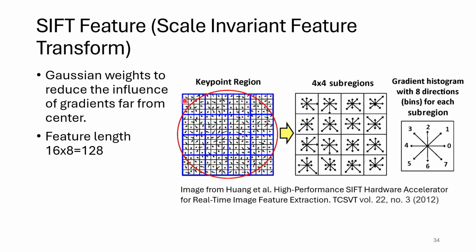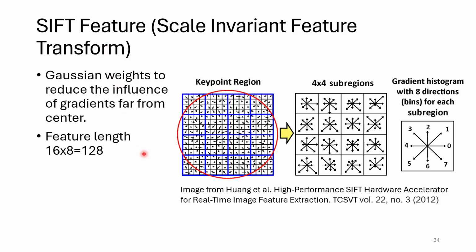For each region, it will create a histogram of gradients, and within the histogram there are 8 values. Therefore, the total length will be 16 because there are 16 blocks, and in each block there are 8 values. So the length of this SIFT feature will be 128.